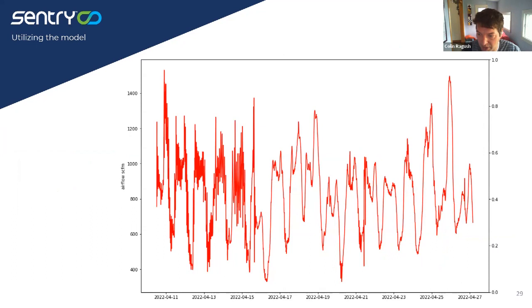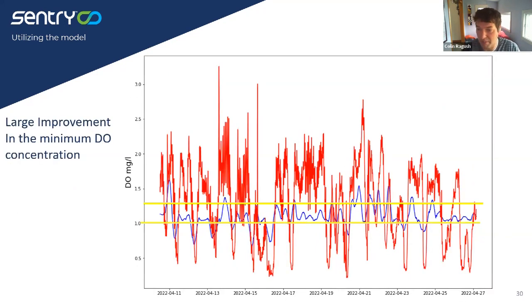It's pretty peaky, pretty high variance for being at the end of a process. So I ran a model, again using about 2.5 months of data, and it was used to predict the next 2 weeks of data. And we find that our model is able to greatly improve the dissolved oxygen. We're not seeing nearly the peaks above 1.25, only hitting above 1.5 twice.